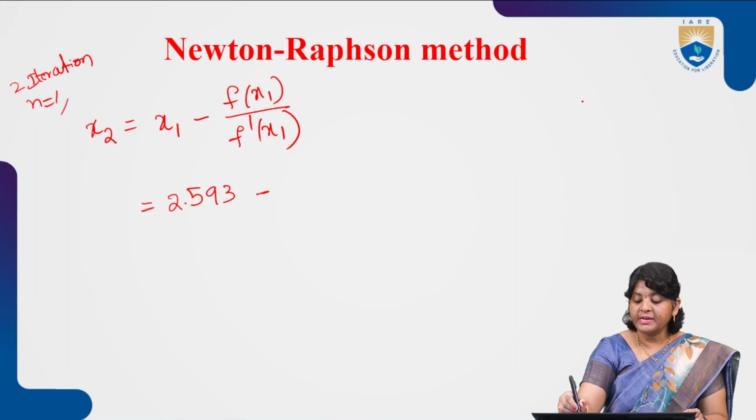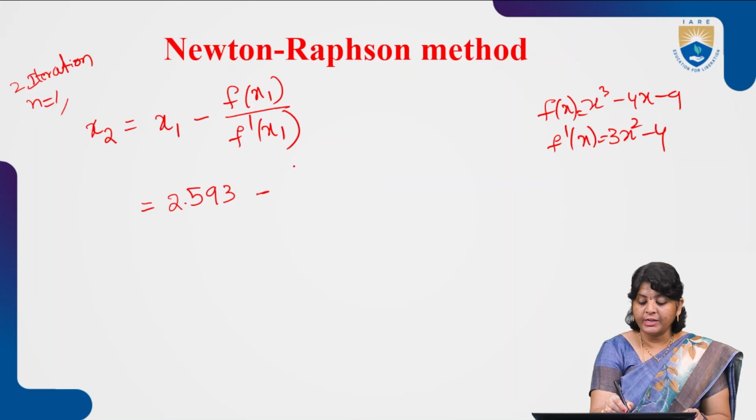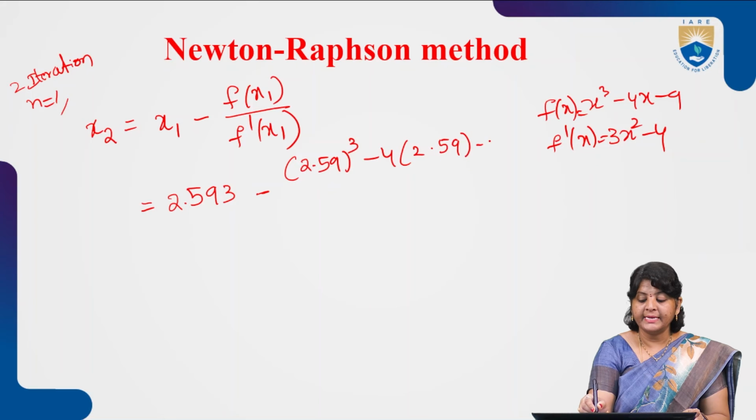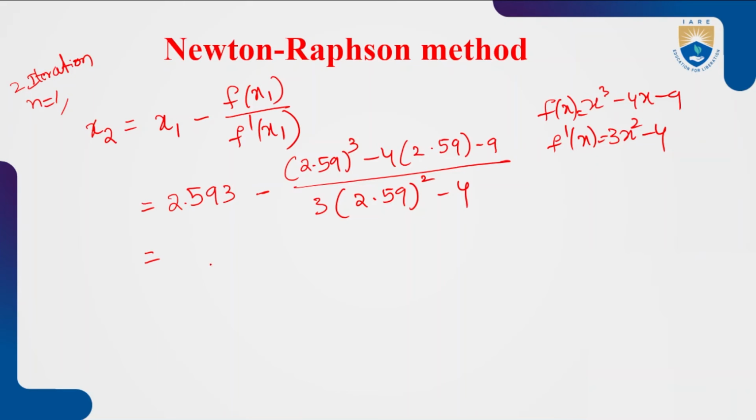As we know, f of x is x cube minus 4x minus 9 and f dash of x is 3x square minus 4. So now substituting this x1 value: 2.593 whole cube minus 4 into 2.59 minus 9, divided by 3 into 2.59 whole square minus 4. So this value is equal to 2.597, x2.